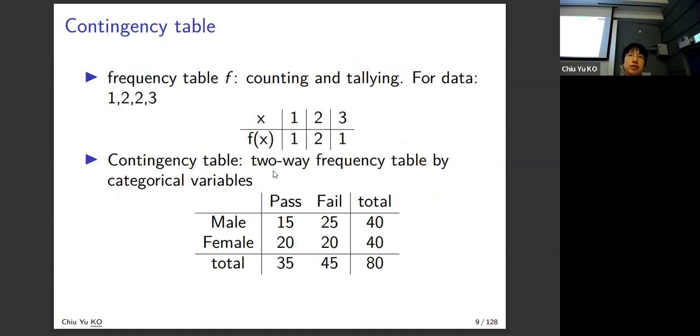Each student can be characterized by gender, male or female, and whether he or she passed or failed the exam. That would be the table. We'll use it when we talk about ANOVA, almost at the end of this course, but we introduce it here first.